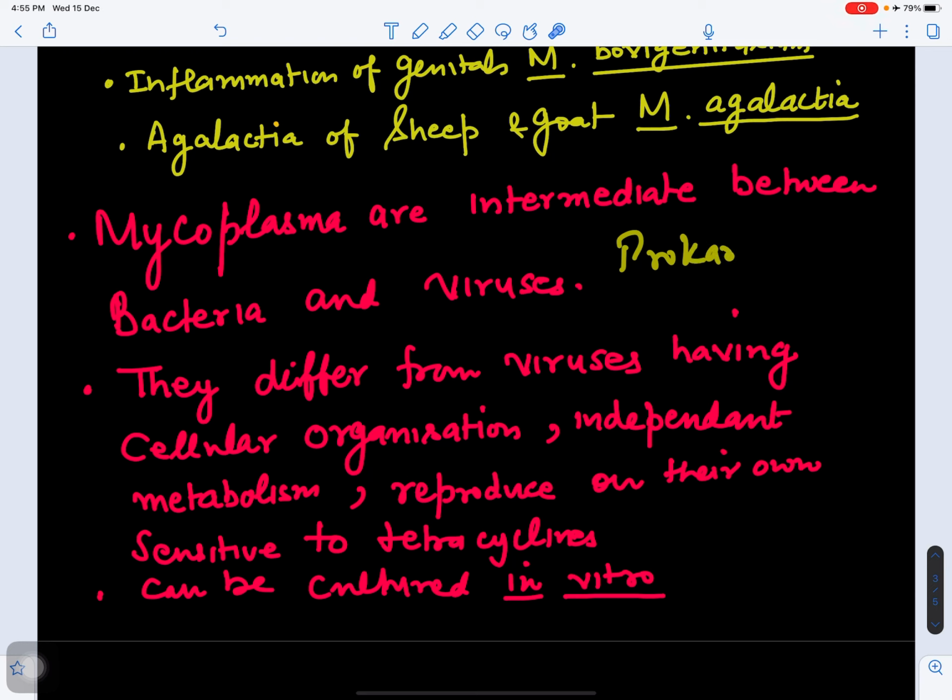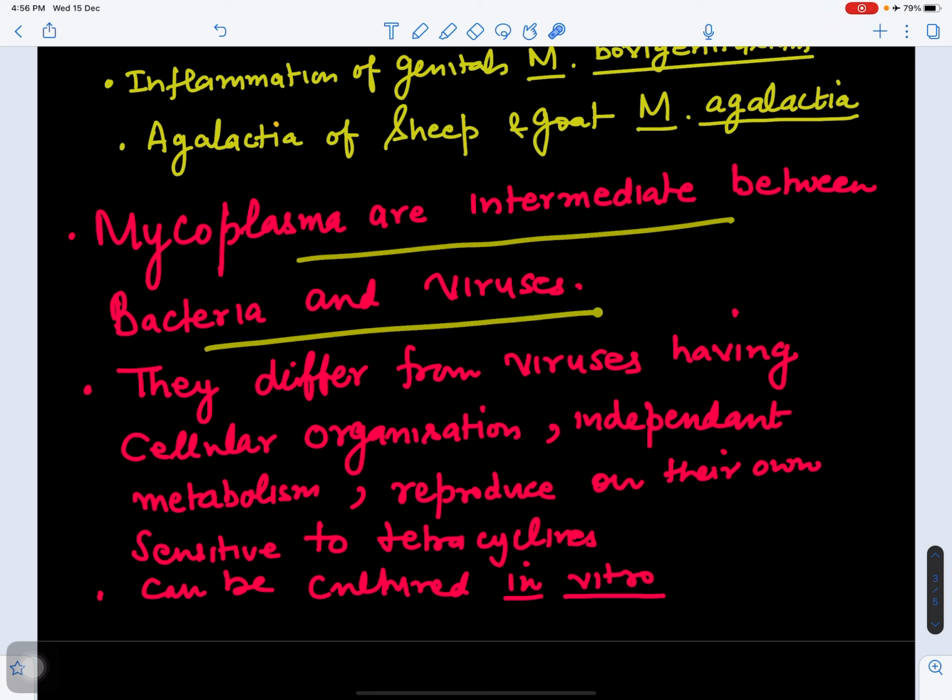Why are they prokaryotic? They don't have a well-defined nucleus. They don't have membrane-bounded cell organelles like endoplasmic reticulum, Golgi bodies, mitochondria. And they have 70S ribosomes. So they resemble bacteria and viruses, but they are different from them. So we can say they are intermediate between bacteria and viruses.